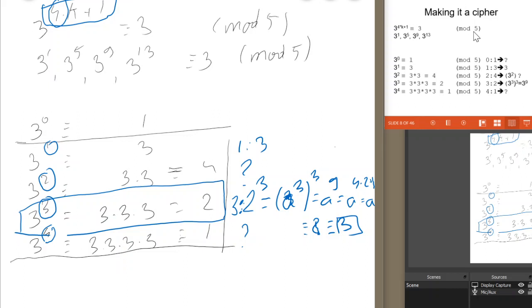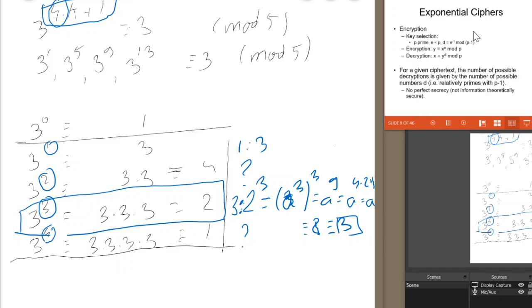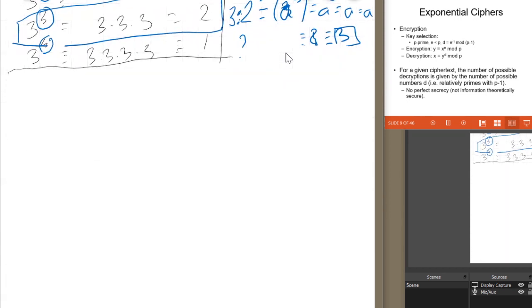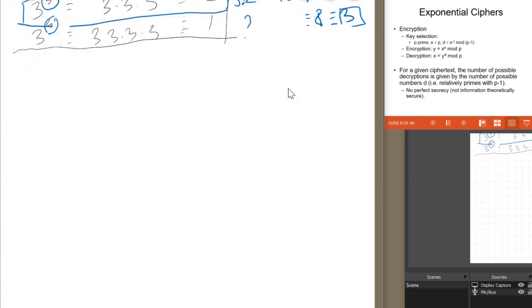So here we have a cryptosystem that can be inferred based on this, and the cryptosystem is called the Exponential Cipher. The way to encrypt with this cryptosystem is to first select a prime p, let's say 7.